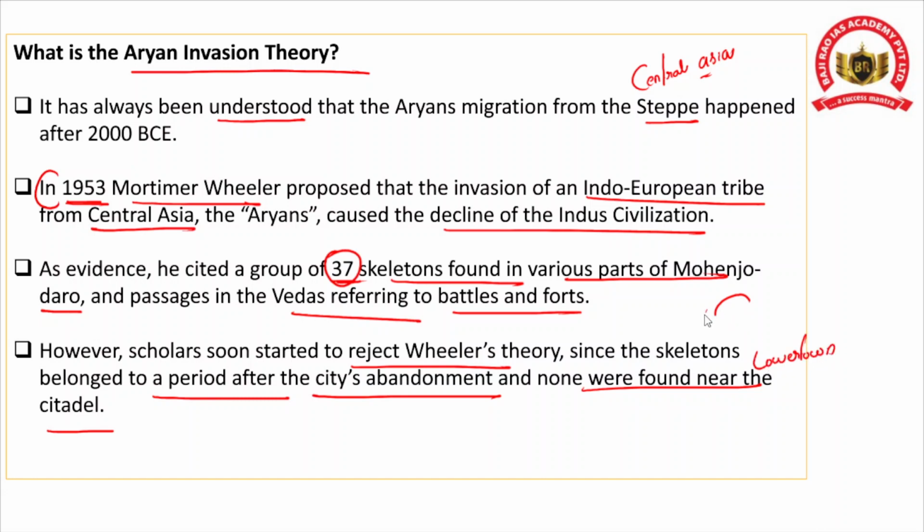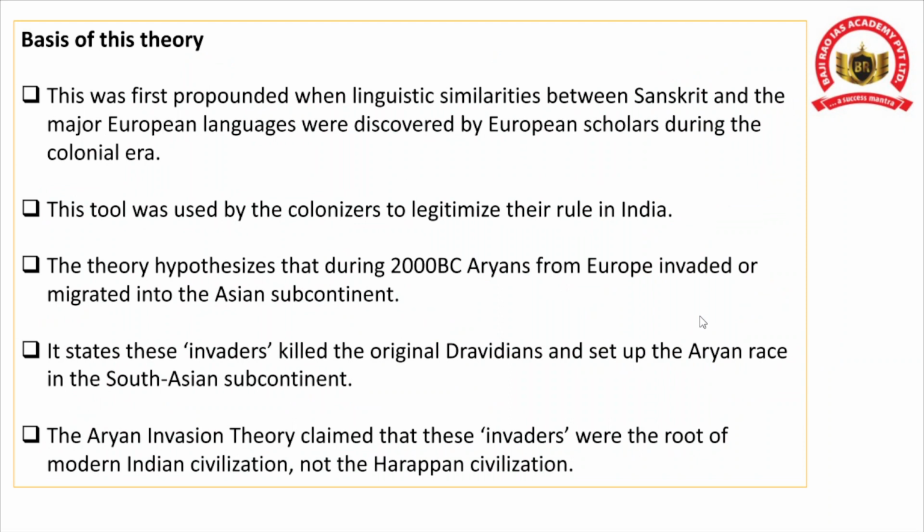The citadel is where the socially well developed or rich people used to live, and the relatively less well off people lived in the lower town. So that was rebutted.